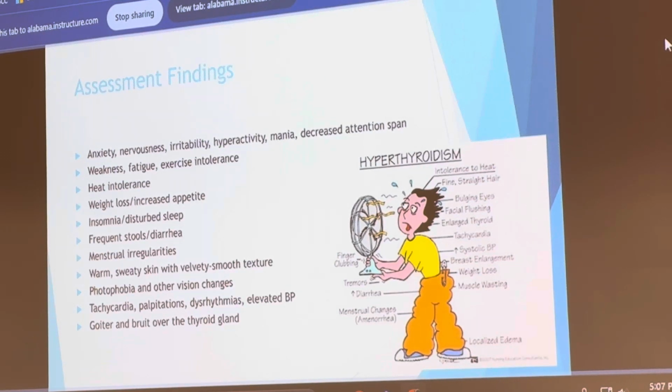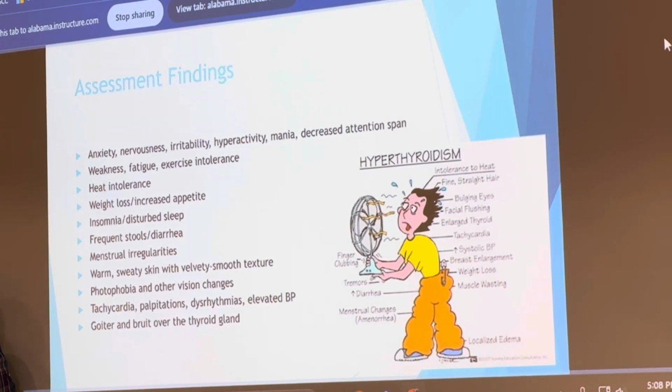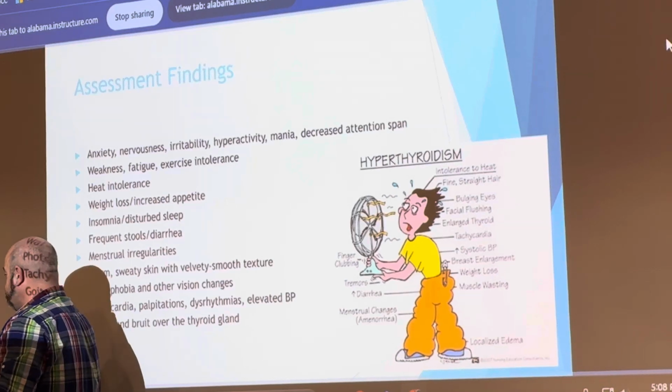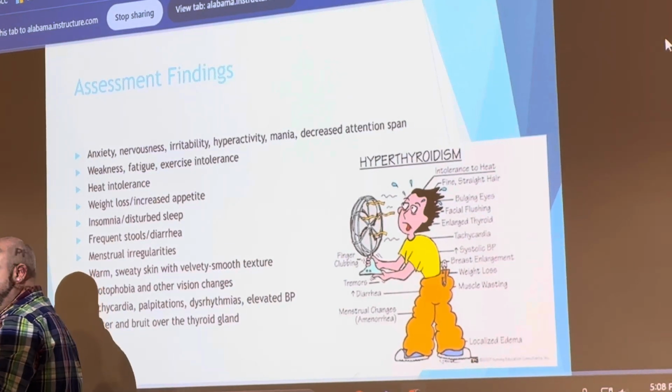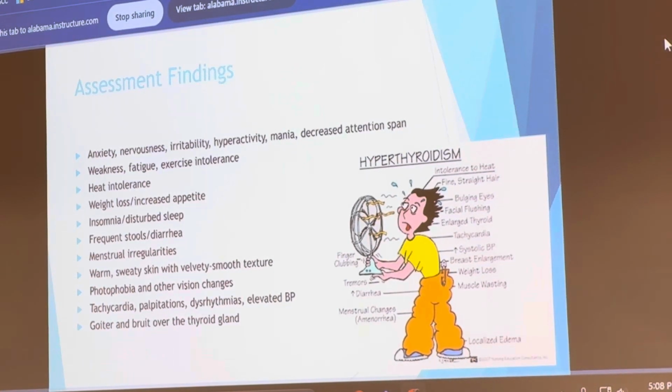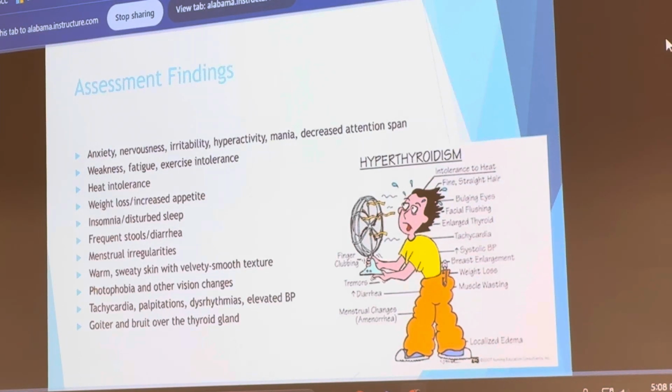It's not on this, but it will be on our scramble that we'll play in a little bit, and you'll see that word. But exophthalmos, E-X-O-P-H-T-H-A-L-M-O-S. That's your bug eyes.